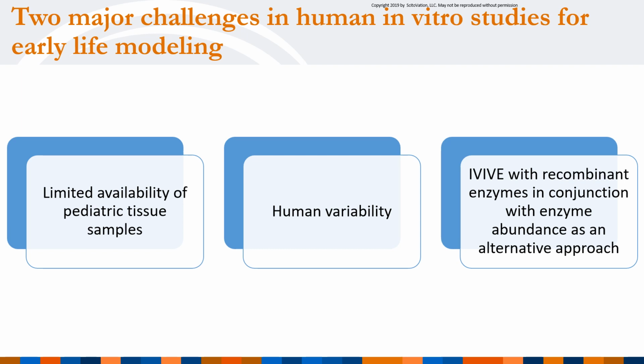We had 2 major challenges for the human in vitro studies. First, limited availability of pediatric tissue samples and human variability. So what we did is we used IVIVE with recombinant enzyme in conjunction with enzyme abundance as an alternative approach.